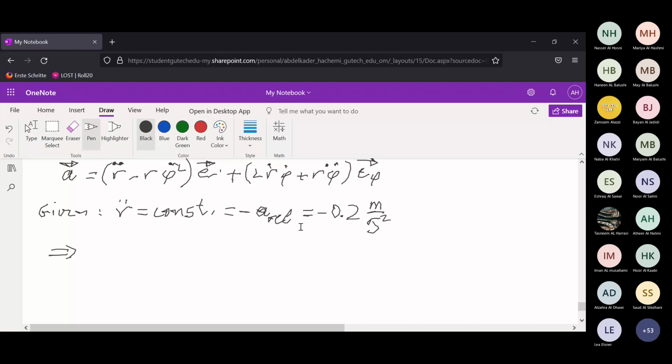Then we get r dot with respect to time, which is equal to minus a relative multiplied by the time t plus a constant C1. That's what we had from the given initial condition.